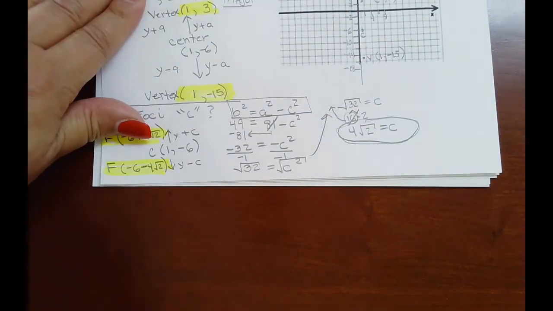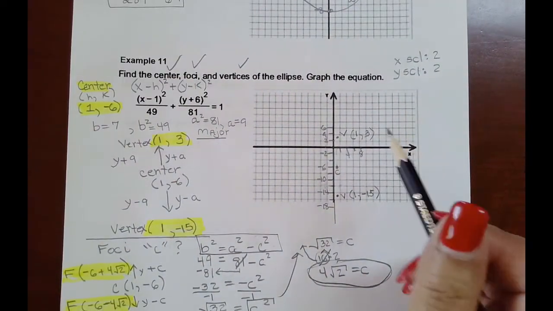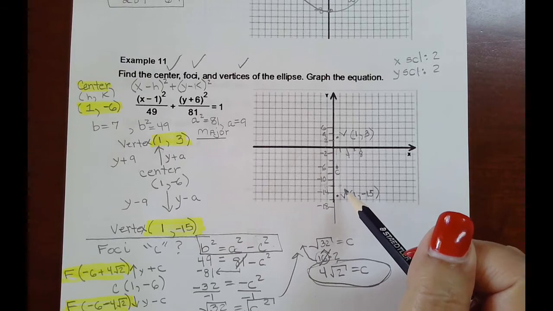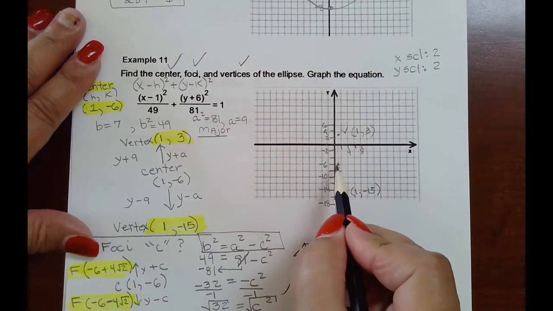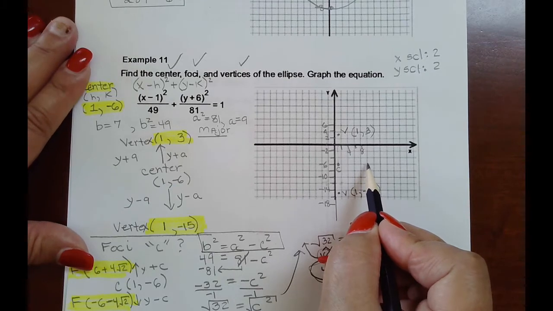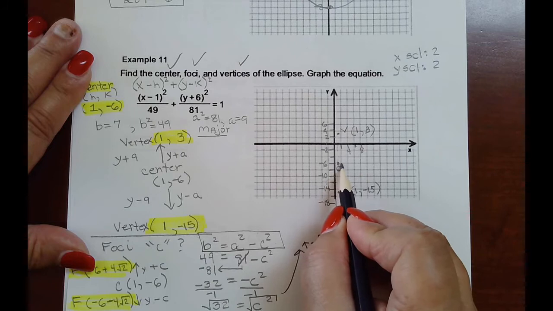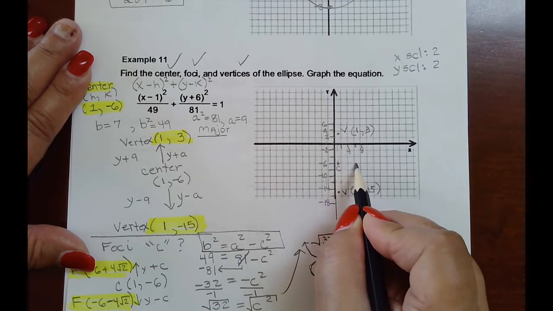Okay, so what's needed further to complete that ellipse is that, let's see, we have the vertices, we haven't graphed the co-vertices yet. So from the center, we're going to move that value of b. The b value was 7, and I'm counting in twos here, so this would be 2, 4, 6, 7.